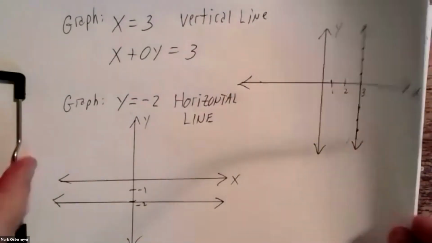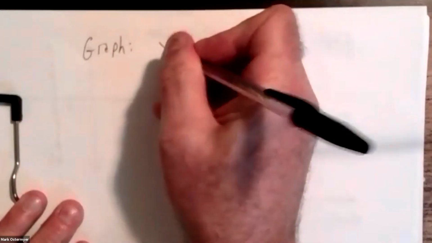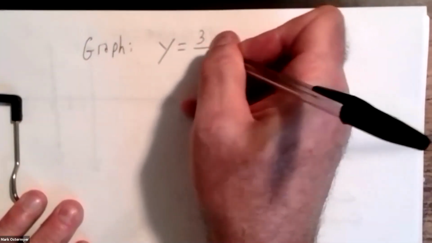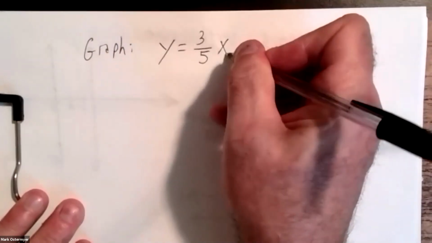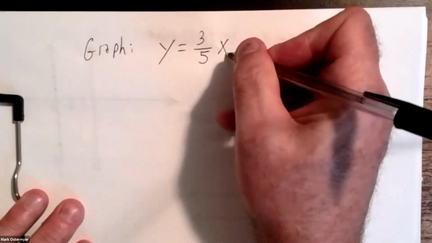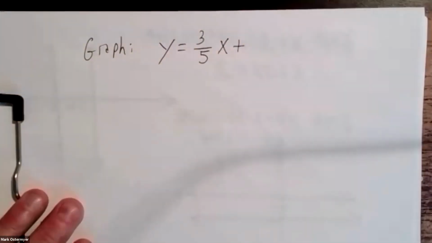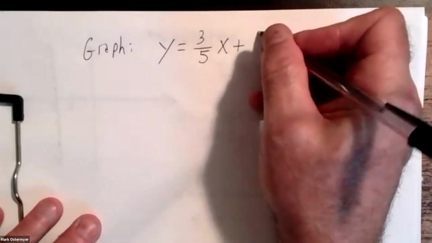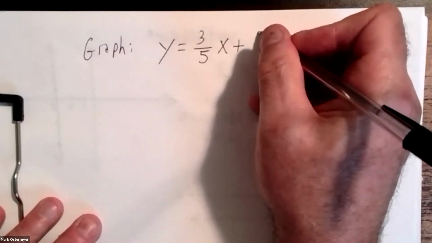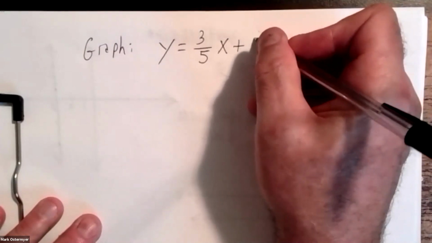One last possible scenario is, what if you had an equation that had a fraction in it, and I wanted you to graph it? Like if I had y is equal to 3/5 x plus 3.